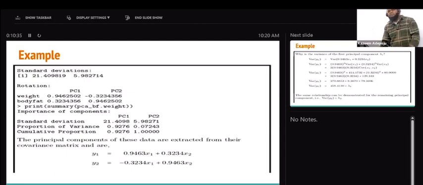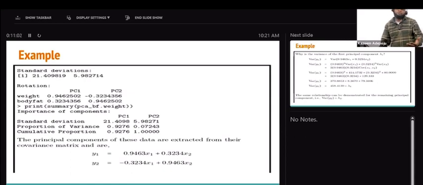Now, when you take a look at the rotation, the rotation is where you have the eigenvectors. Now you got principal component 1, principal component 2. Why do I have PC1, PC2? Because originally I got two variables. The number of principal components that I'm going to produce depends on the number of the original explanatory variables.